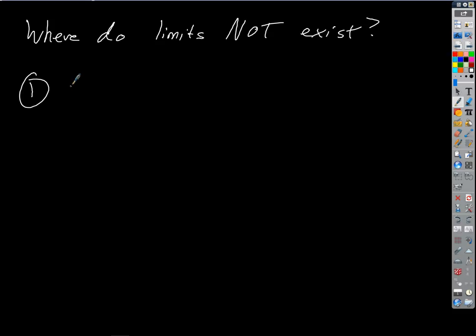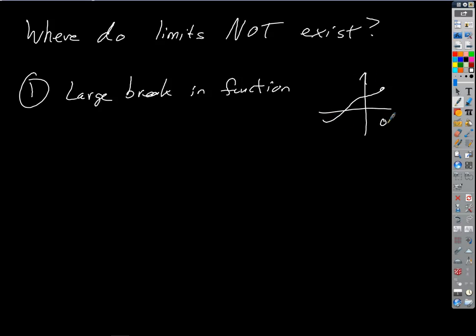And we call that a large break in the function. Something like this. Right? By a large break, I mean it's not like there's just one point that's taken out. The function approaches different values from different sides, right? I just didn't want to write all that down, but you might want to put that in your notes.